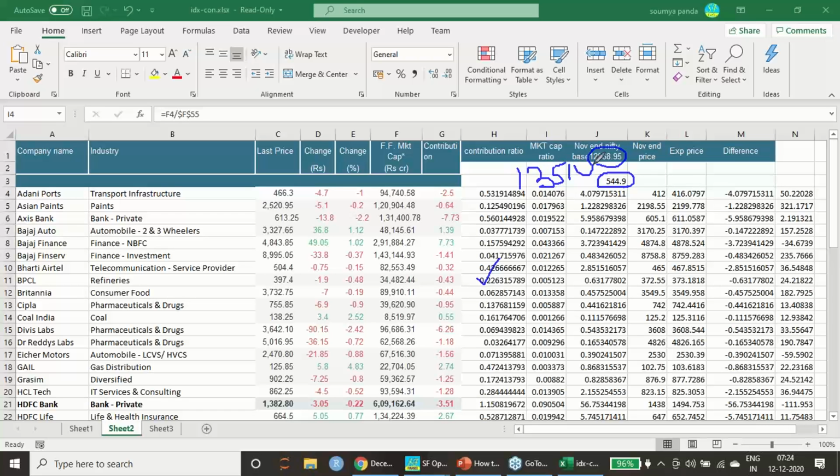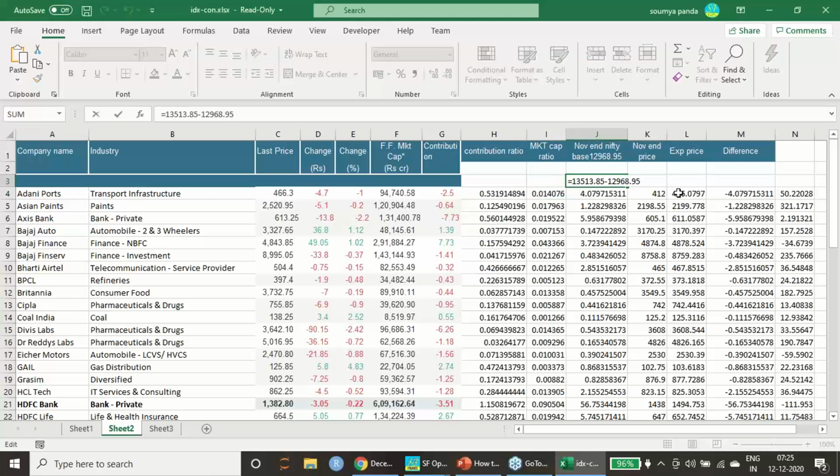This difference I have taken, 544.9. November end is the reference because that is where our day starts from. We do not worry about what happens in the past. Why do a past postmortem? Today I am standing on 11th of December, my Nifty is at 13,513, and 12,968 was the November end.